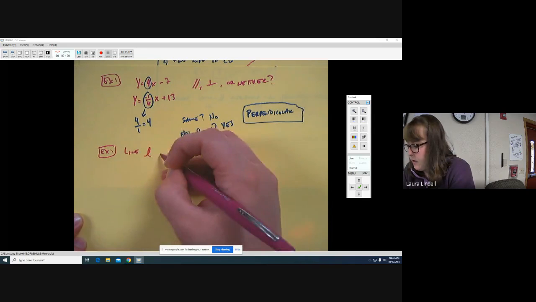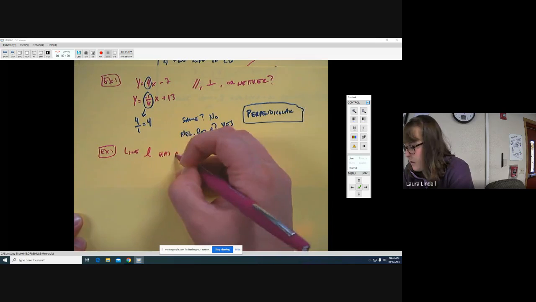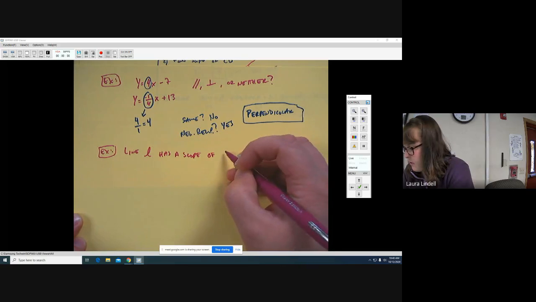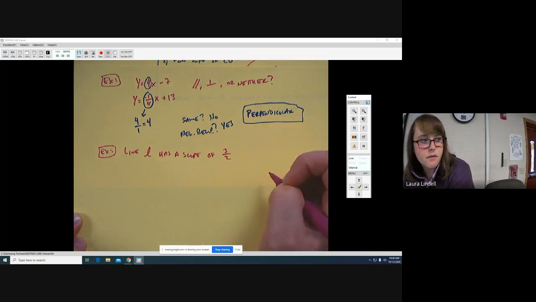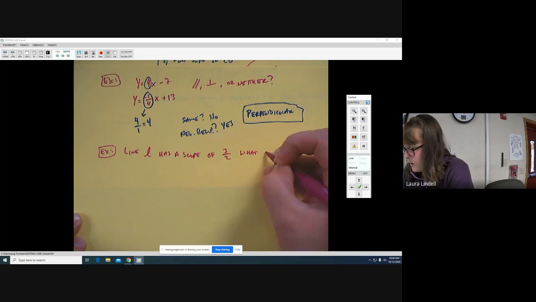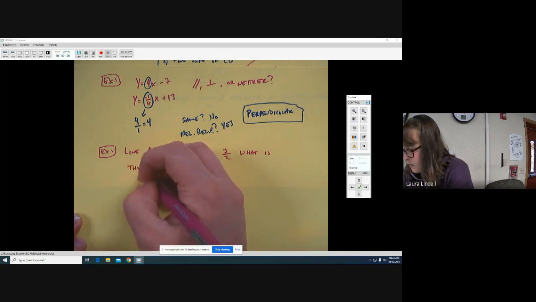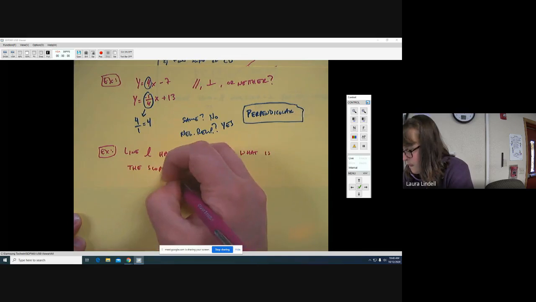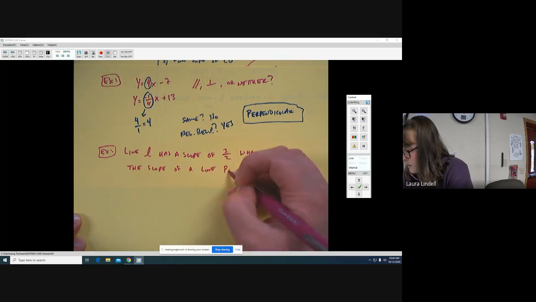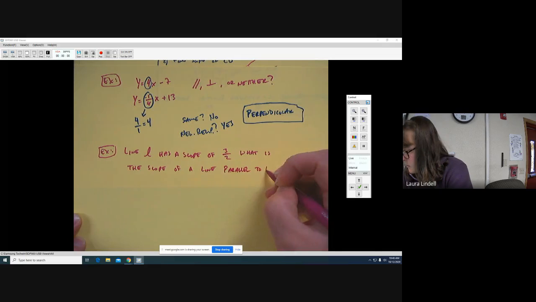Line L has a slope of 3/2. What is the slope of a line parallel to line L?